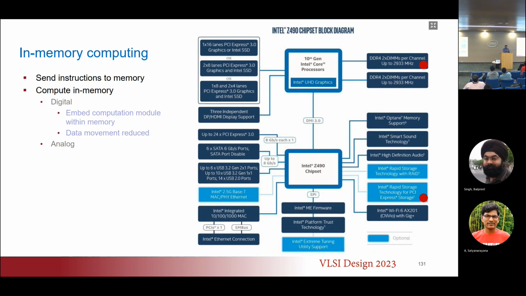You have the data, and you just send a command saying to do object detection or motion tracking, etc. It will do that in the memory slot and report it back. There are a number of companies doing in-memory computing. IBM already has accelerators, not necessarily for ML, but for database applications.